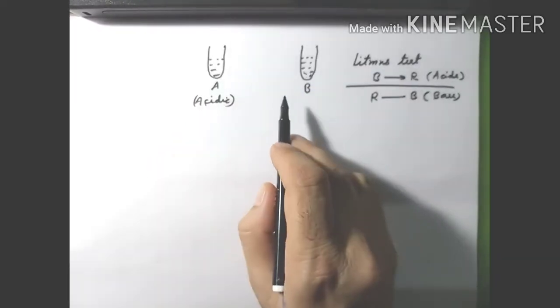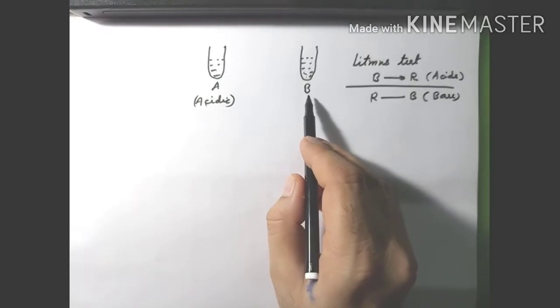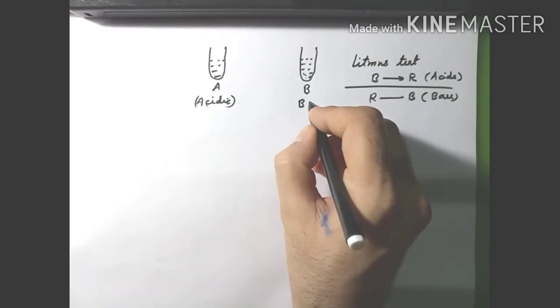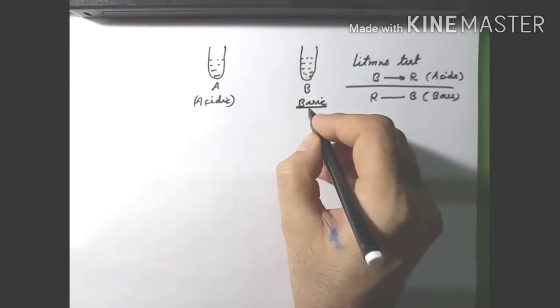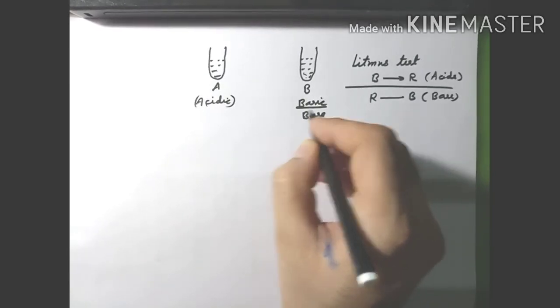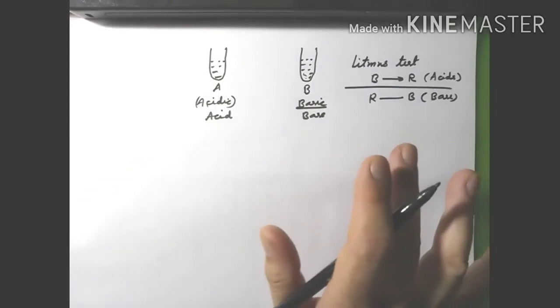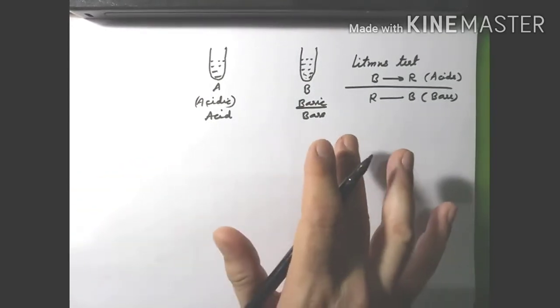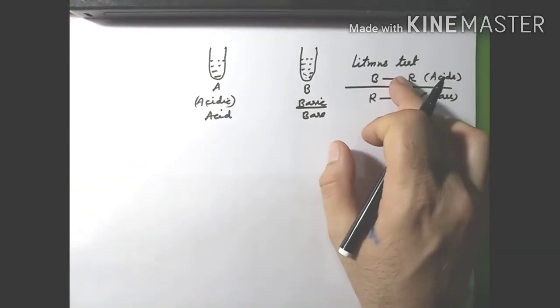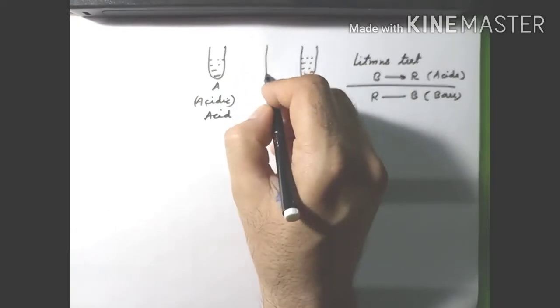And if the other solution turns red litmus to blue, then it will be basic. So you can say this is the base and this is the acid. Very easily we can differentiate which one is the acid and which one is the base with the help of the litmus test.